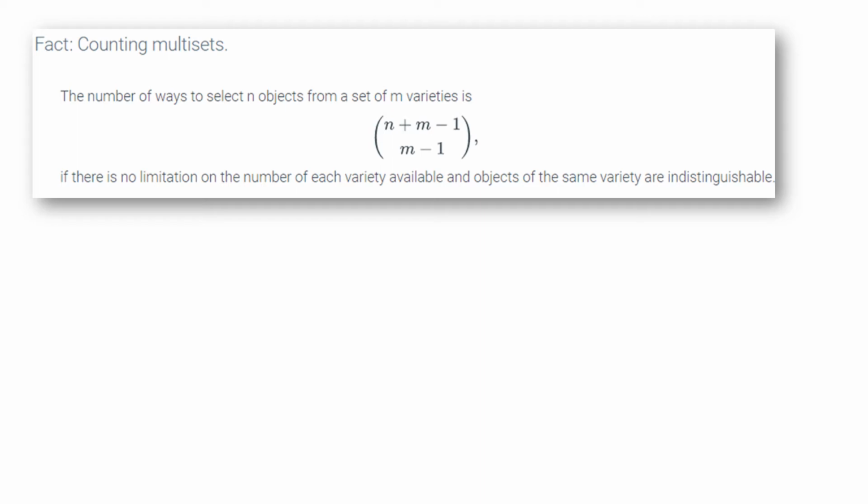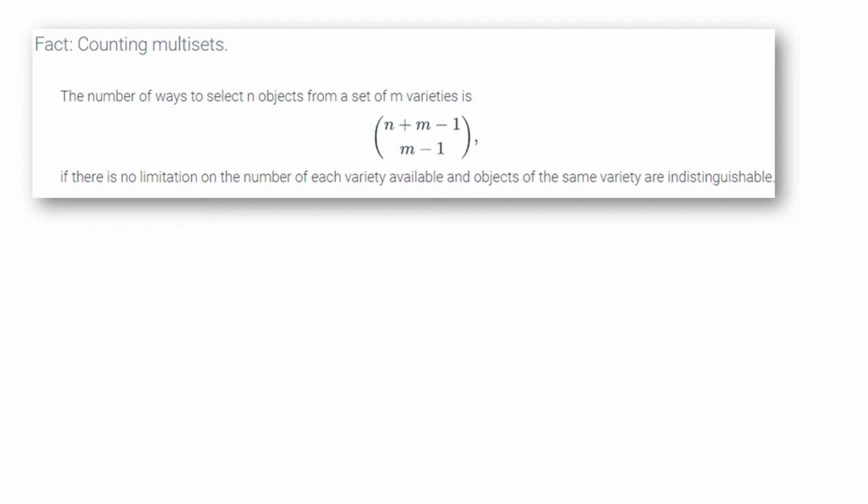Now we're making an assumption here that there's no limitation on the number of each variety available, and we're going to assume that throughout this whole section. So we're not going to say they can choose 12 cookies, but there's only 10 cookies available that are chocolate chip. That would make it a different problem. We're assuming that, given the 12 cookies or however many we're choosing, there are at least 12 of all varieties so that we don't have to worry about any restrictions.